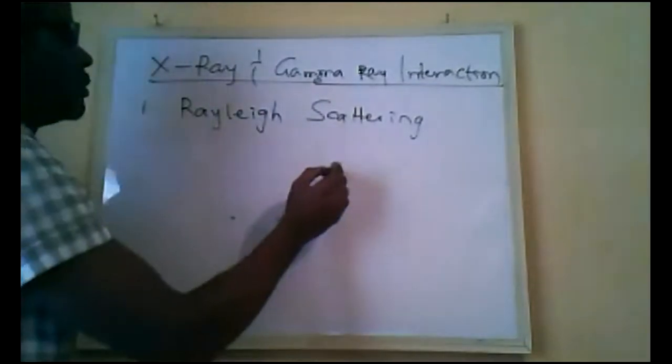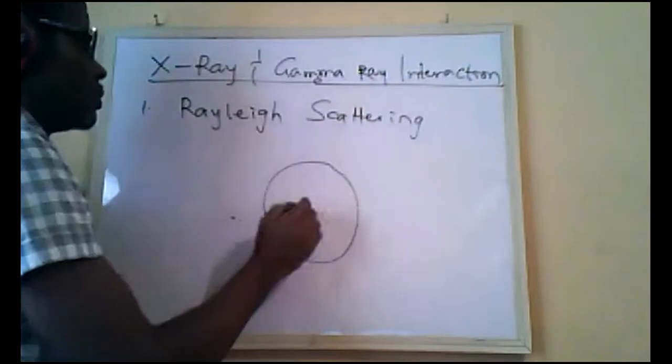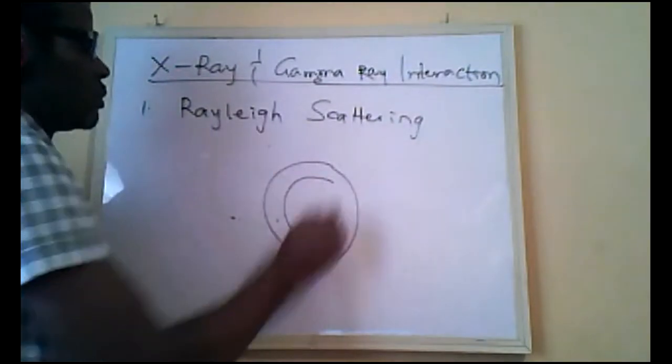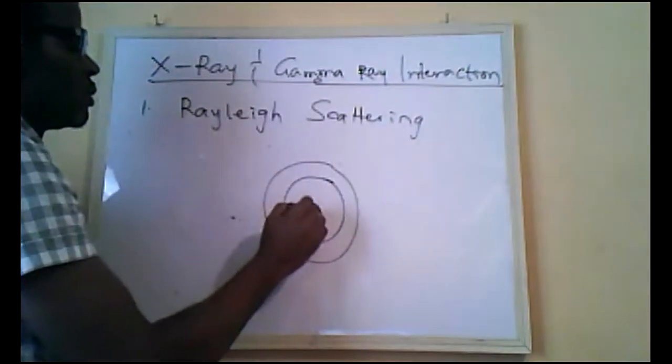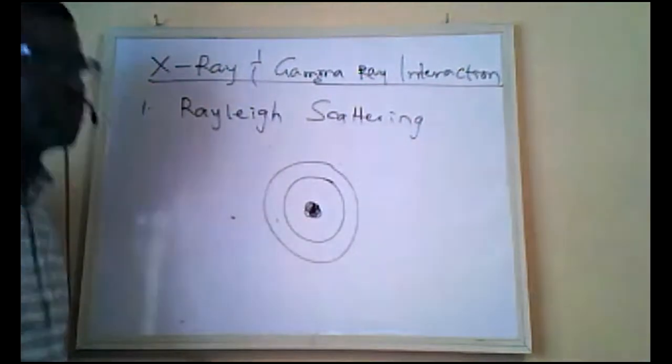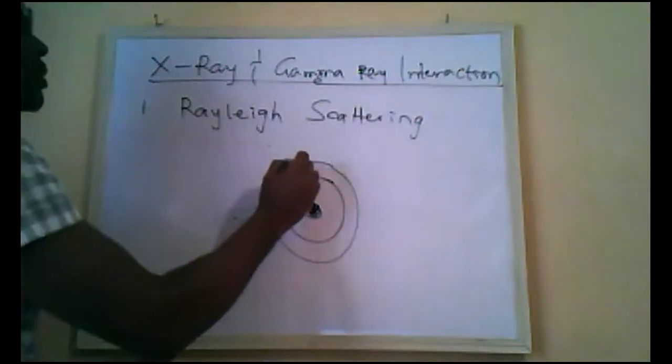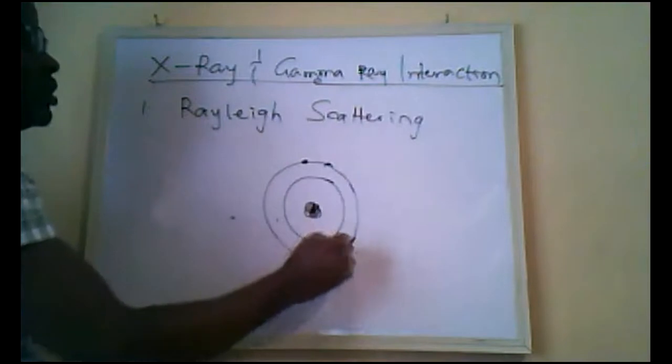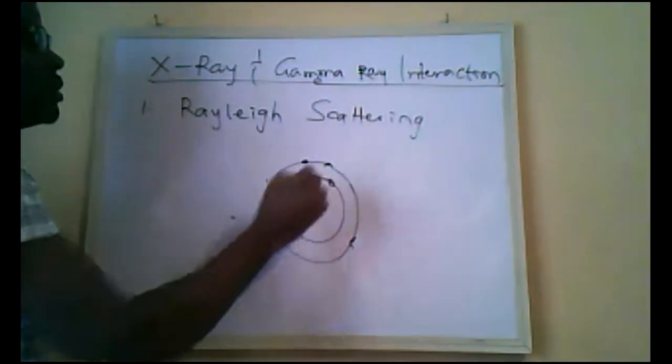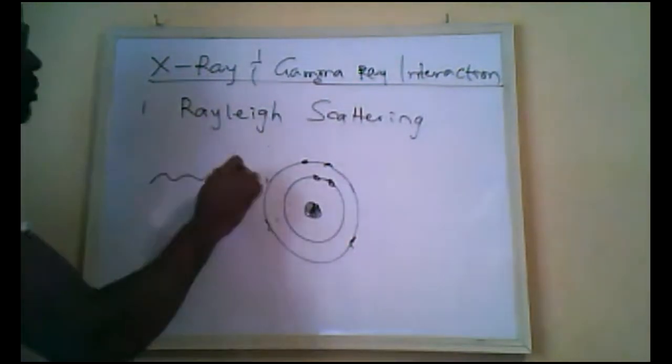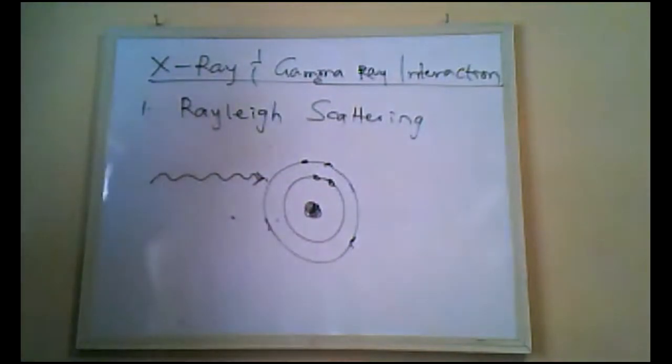You have a dense nucleus. You have an electron cloud. You now have a photon coming.